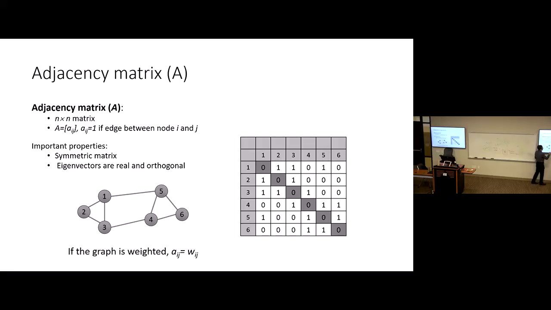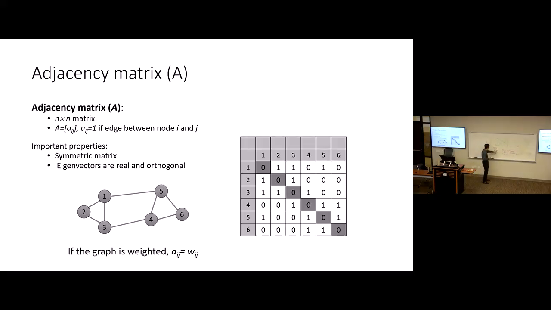And 3 and 4 are linked, so put 1 there. 2 and 4 are not linked, so the coordinates are 0. So this is a representation of the network.